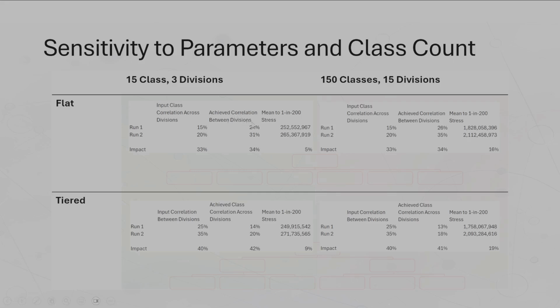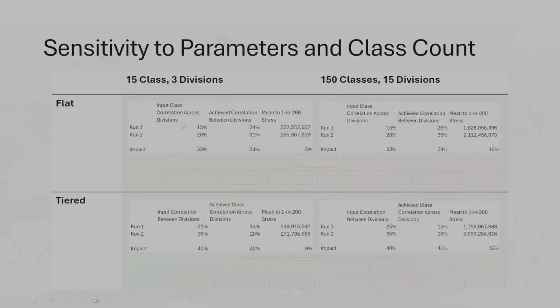If we remember looking at the Python example, we saw that we were actually achieving numerically a bit of a higher number when you measure the achieved correlation between the divisional totals. So we're looking at what that achieved correlation is, averaged across all the divisional pairs. And the other metric we're looking at is the stress, that deviation between mean and the 1 in 200, the 99.5th percentile of the aggregate loss distribution.